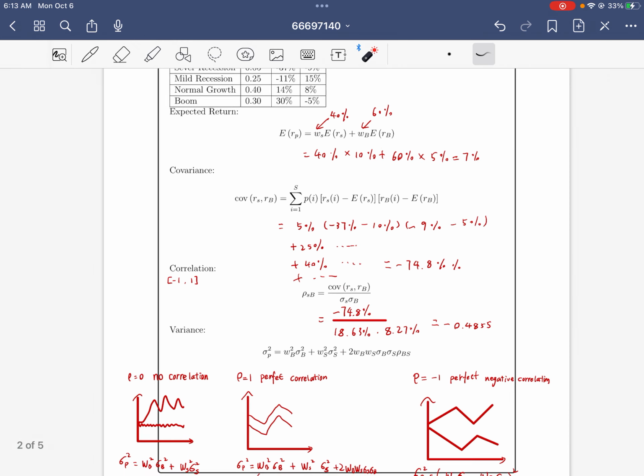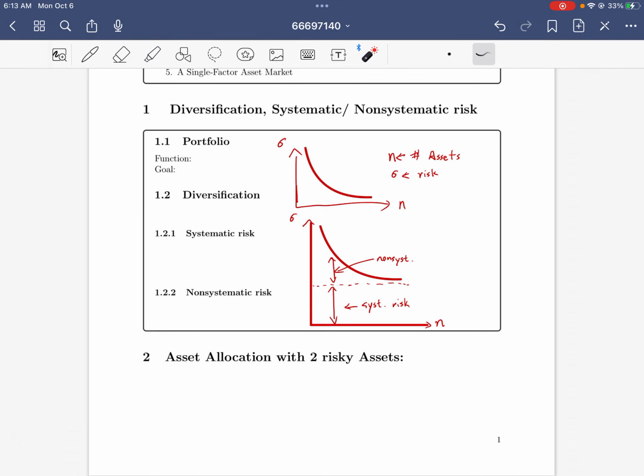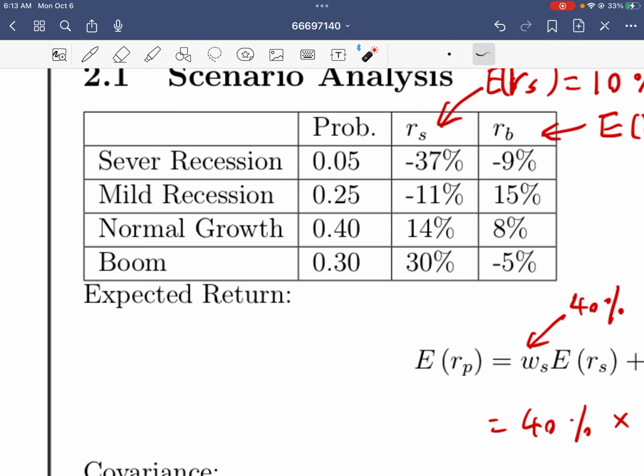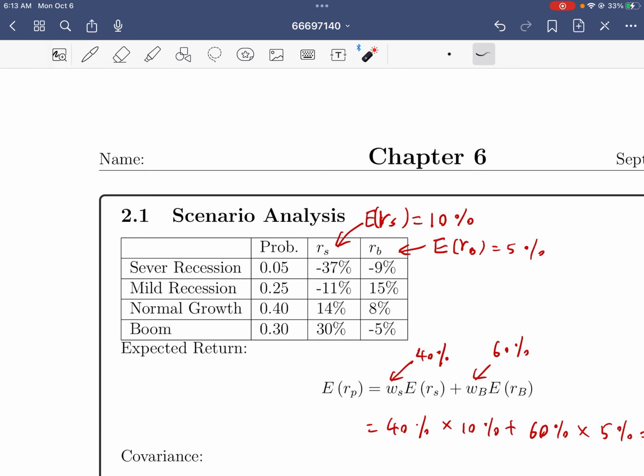Then we looked at asset allocation with two risky assets. When we talk about the asset allocation of two risky assets, we first looked at a scenario analysis.